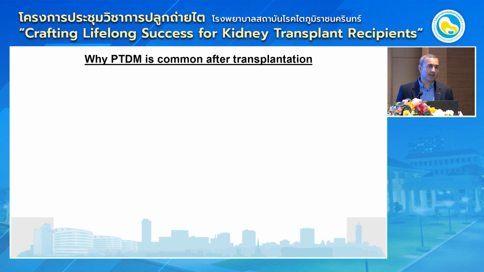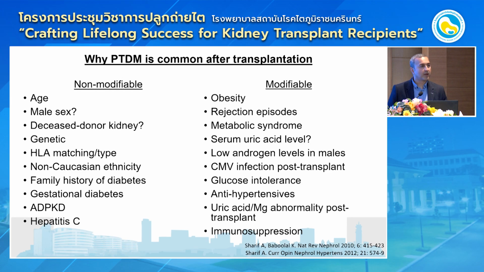So firstly, why is post-transplant diabetes so common? If you look at the risk factors for diabetes, you can split them in two different ways. You've got your non-modifiable risk factors on the left, things that we can't really change, and then your modifiable risk factors on the right. You've already heard about the importance of things like obesity and metabolic syndrome.